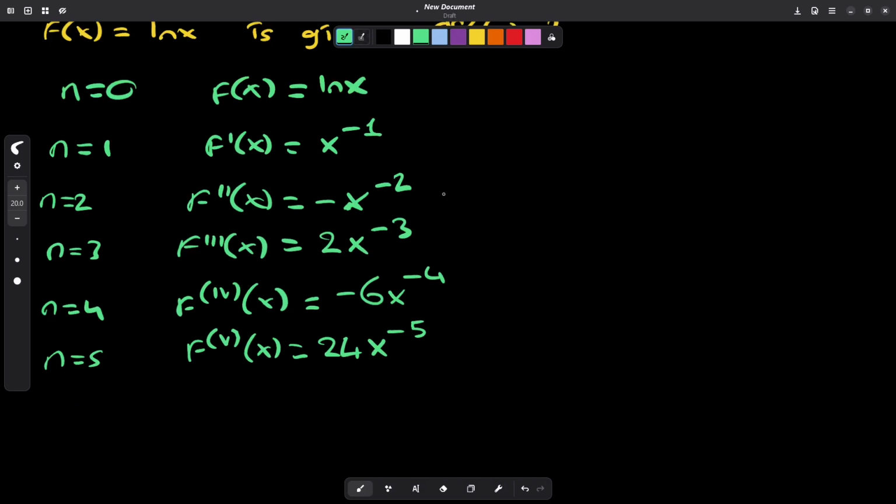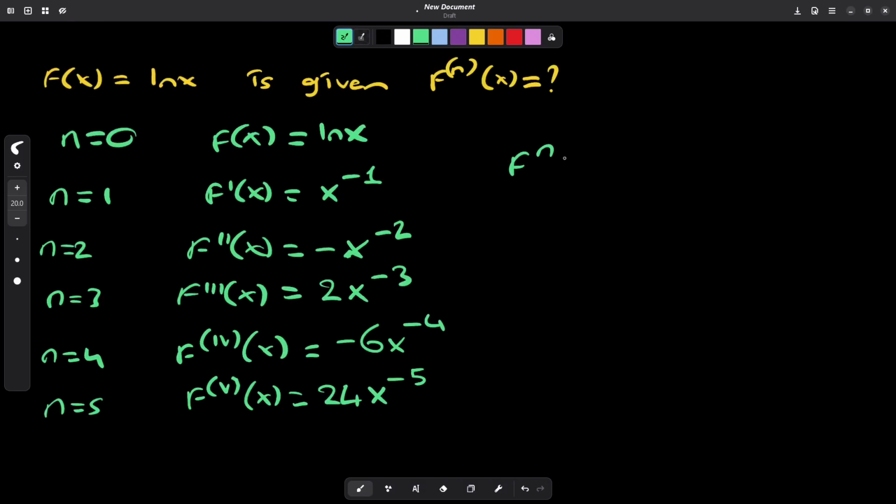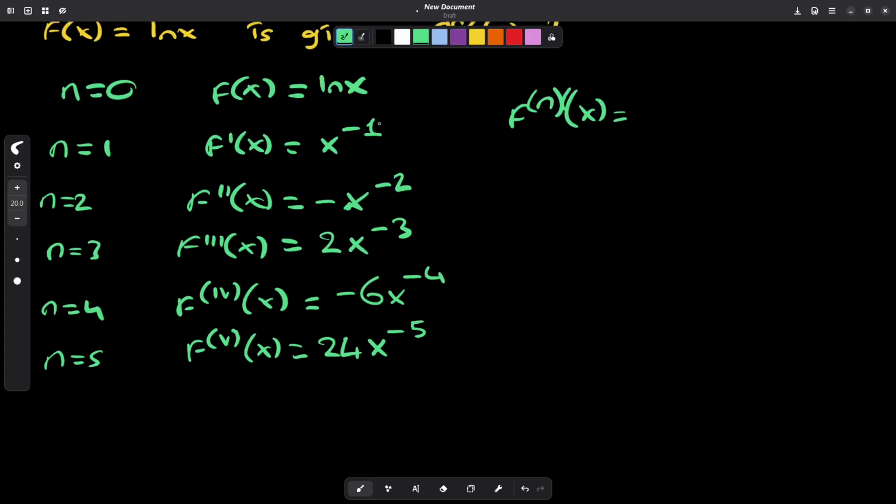All right. From this, I need to figure out the nth derivative. If you cannot, you can keep going. It's all fine. But I think we can figure out from here. First of all, I see I have one positive, one negative, one positive, one negative, one positive, one negative.